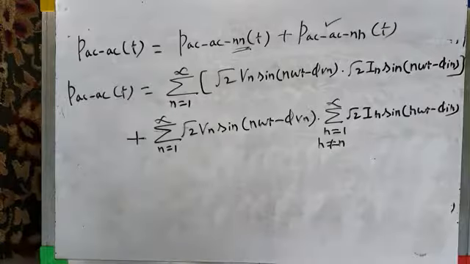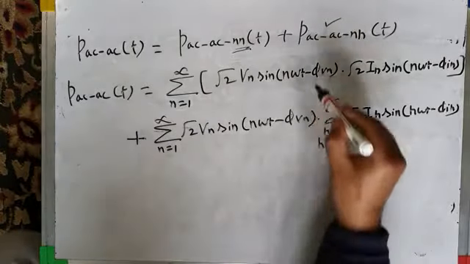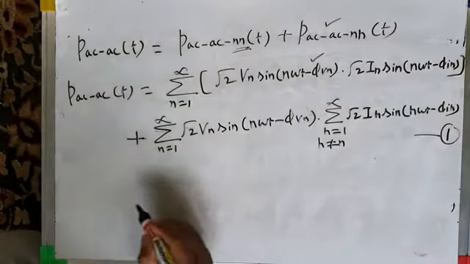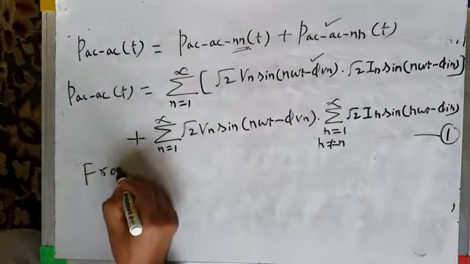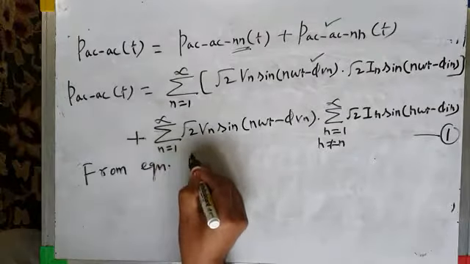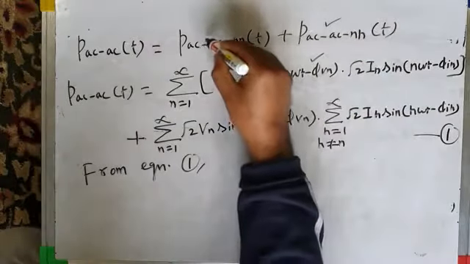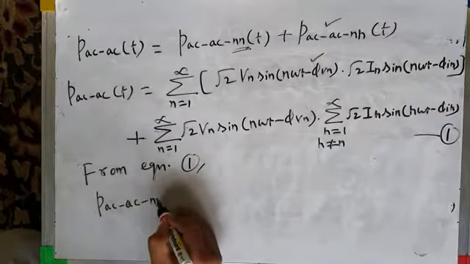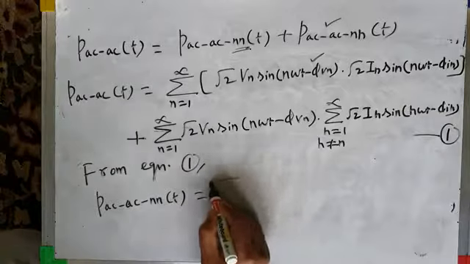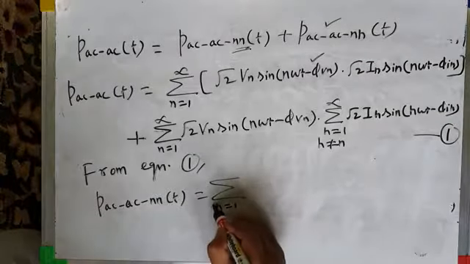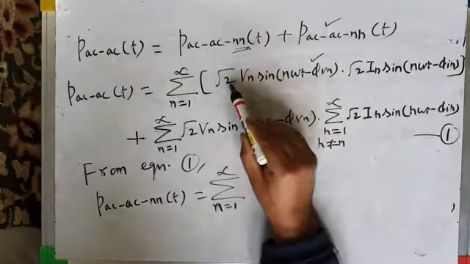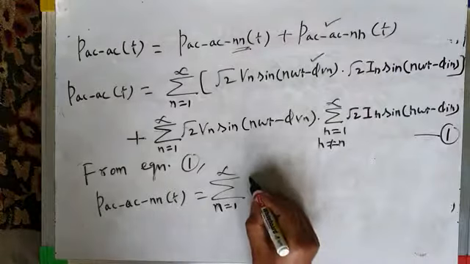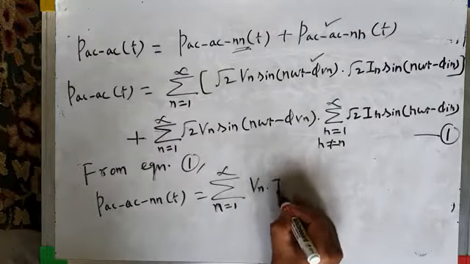Okay. Now let us take this first term and try to solve it. Let us call this equation 1. So from equation 1, I will take the first term, which is P_AC-AC,nn. P_AC-AC,nn(t) is equal to, I will write it again, summation n equal to 1 to infinity. You see, this is root 2 into root 2, which is 2. Vn into In. So let me first write Vn into In.